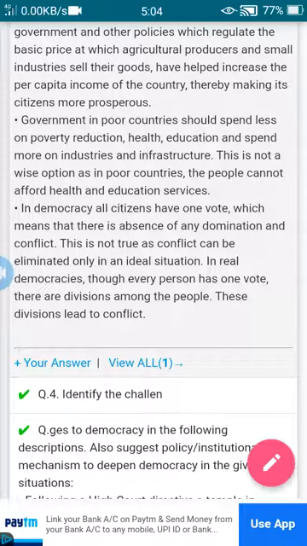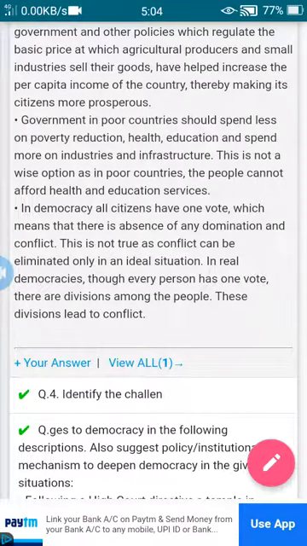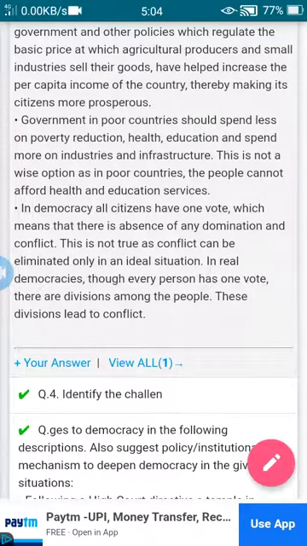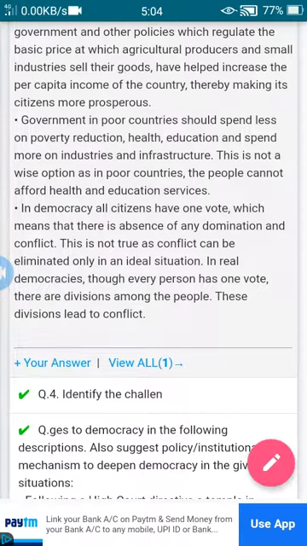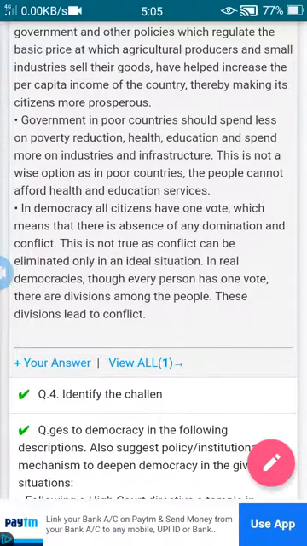This is not true, as conflict can be eliminated only in an ideal situation. In real democracies, though every person has one vote, there are divisions among the people. These divisions lead to conflict.